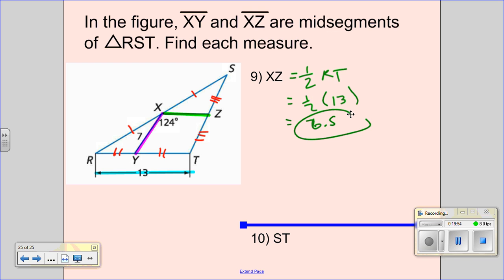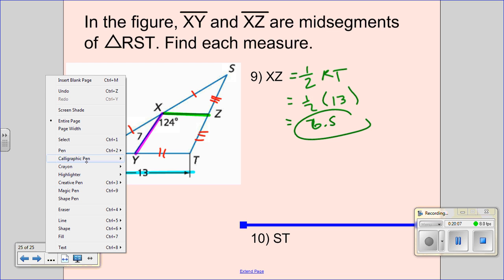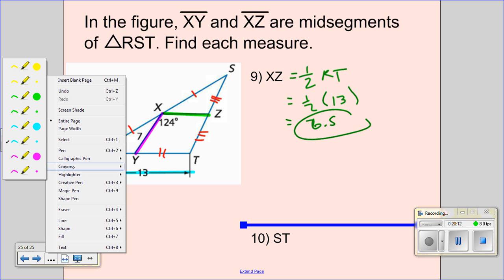All right. Now, on number 10, it wants us to find ST. I will help you set it up, but you should be able to figure it out with a few hints.